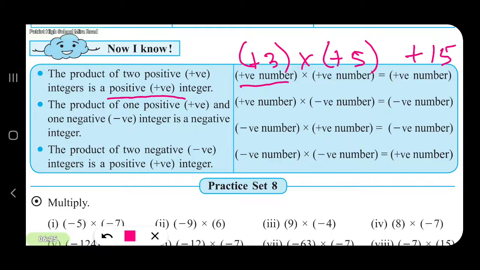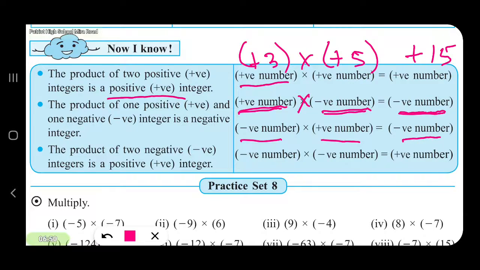Now, if we have one positive number and one negative number, the result when you multiply the two is known as the product. So for one positive and one negative number, the product will be negative. If the first is negative and the second is positive, the product will still be negative.